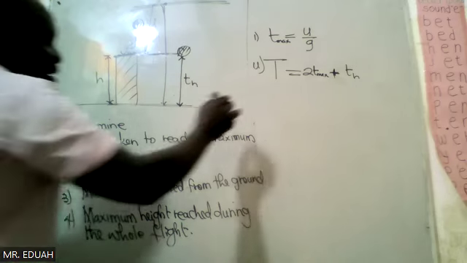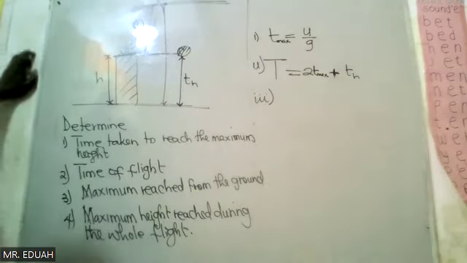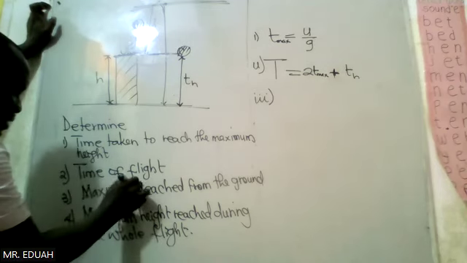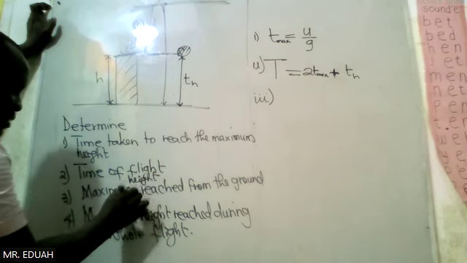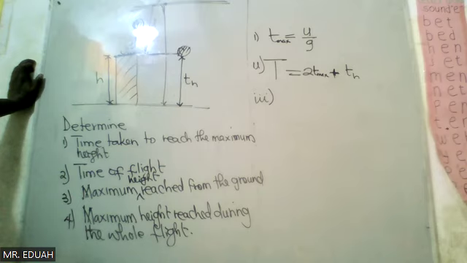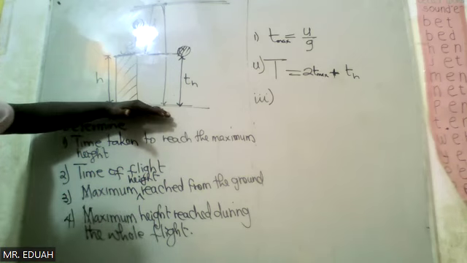Then 3. Maximum height raised from the ground.